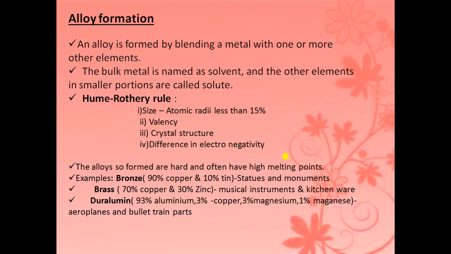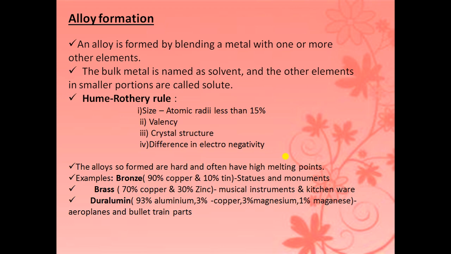The crystal structure may be similar. And then the fourth one, difference in electronegativity. The metals' electronegativity difference should be nearly equal to 0. The alloys formed are hard in nature, and their melting point is higher than the parent metal.